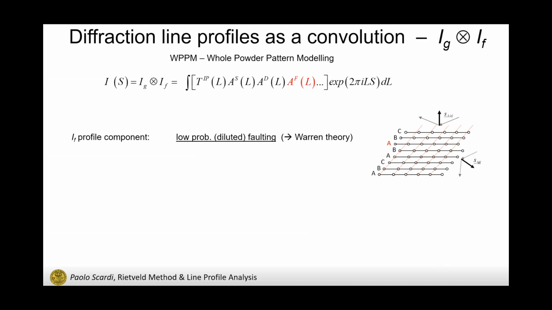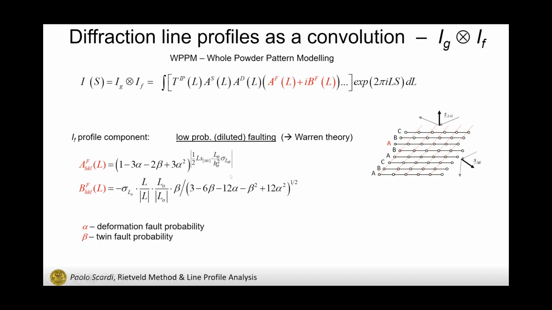And in this case, we can use Warren's theory for faulting, which provides real and imaginary parts of the Fourier transform of the faulting line profile component. And this is a function of two parameters to be refined in the Rietveld method, which are the deformation fault probability and the twin fault probability.